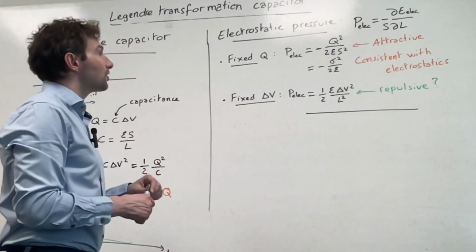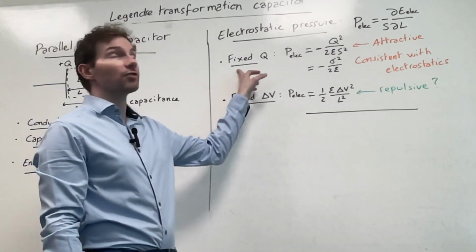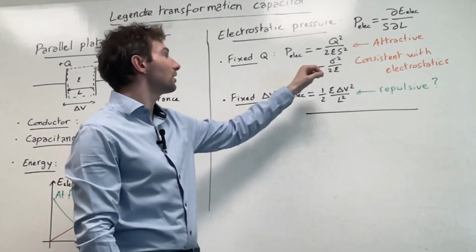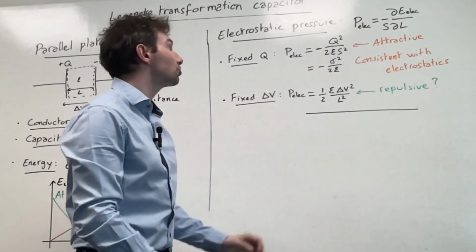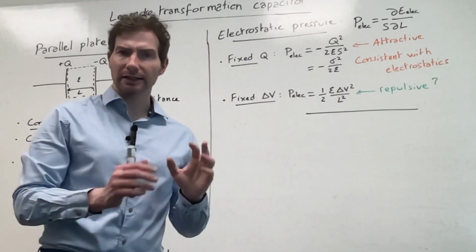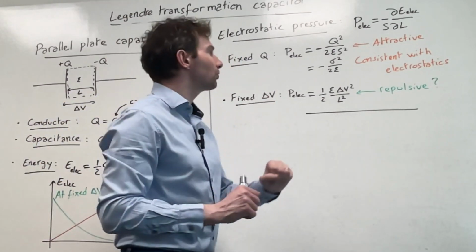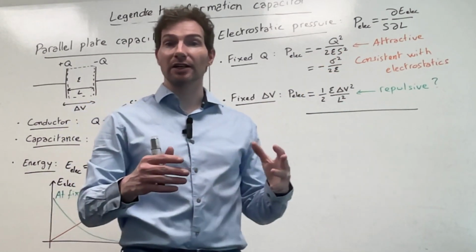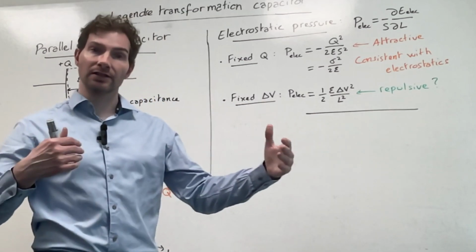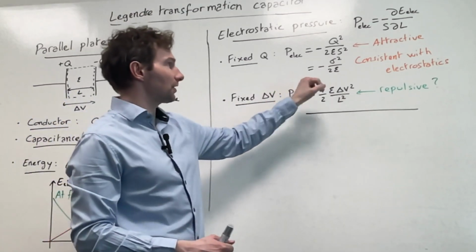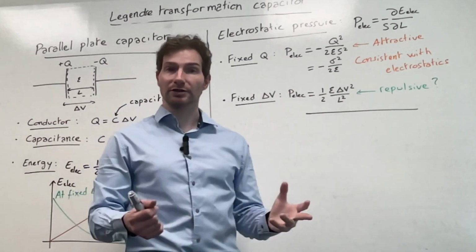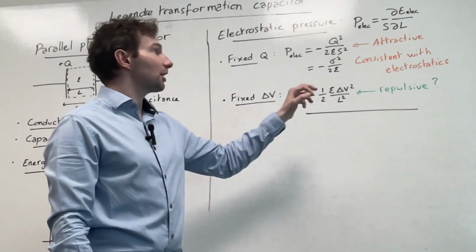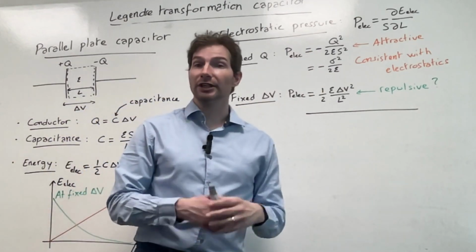So what happens is that if you do it in the case of fixed Q, you get this expression, minus Q squared over 2 epsilon S squared. That looks a bit horrible, but if you replace Q by sigma times S, where sigma is the charge density on the plates, you get minus sigma squared over 2 epsilon. This expression turns out to be consistent with electrostatics.